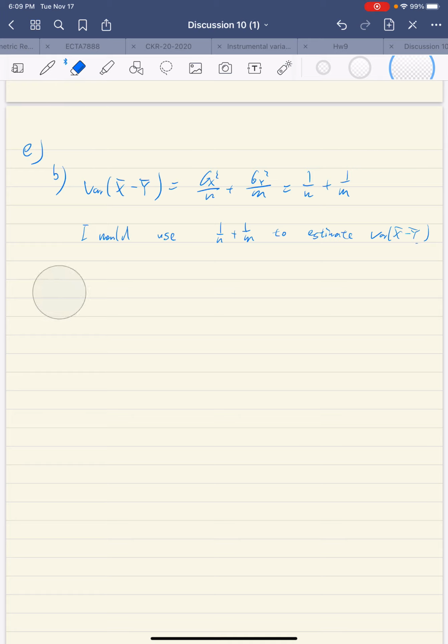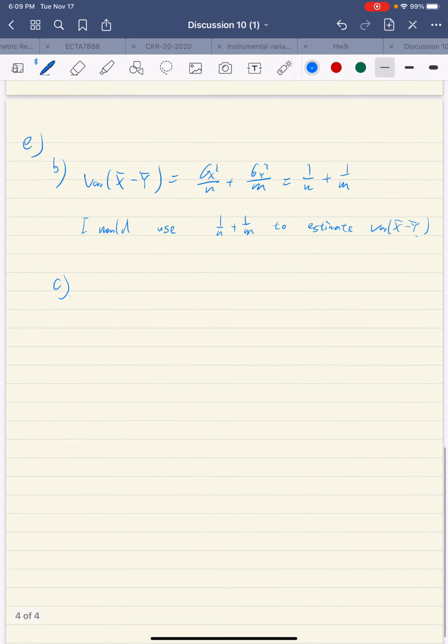And in part C, we want to run a test. In this case, I will use the statistic, the observed value, equal to X bar minus Y bar divided by the standard deviation. And this will follow the normal distribution with mean 0 and variance 1.